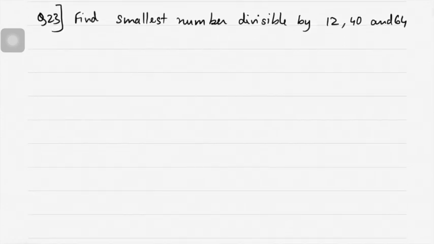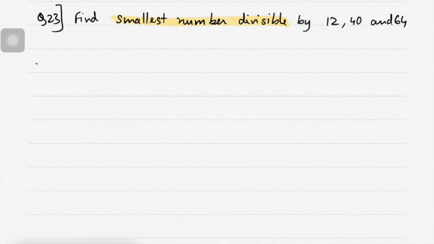Okay. Let's solve the next question. Find the smallest number divisible by 12, 40 and 64. So smallest number divisible means you have to calculate LCM, right?